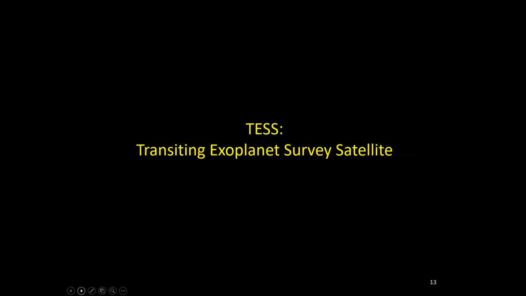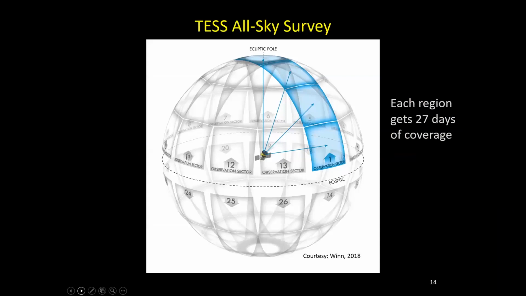So let me say a few words about TESS, the Transiting Exoplanet Survey Satellite. Next. As the name implies, it's doing an all-sky survey, where it has 4 cameras that dwell on a region of the sky for 27 days, then go to the next region. After 2 years, it's able to completely survey both the northern and southern celestial sphere.